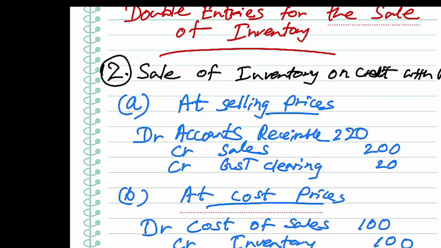When you write the double entries, kind of shift the amount to the right hand side. Why is that? Because then it's clear what is the amount of debit and credit. Okay. That is the same mistake.